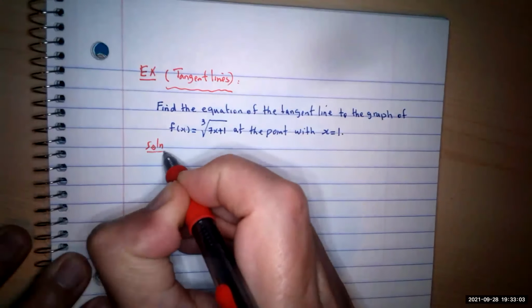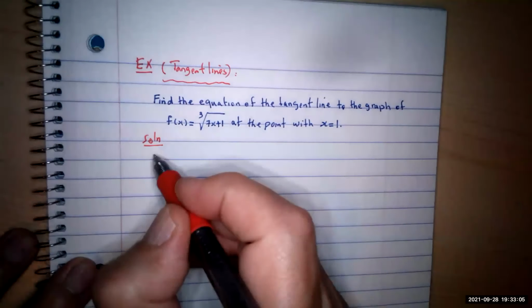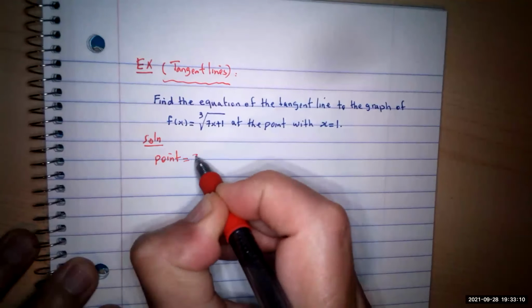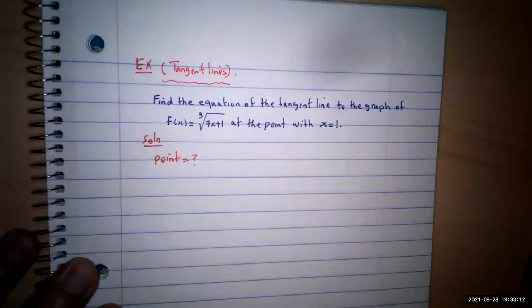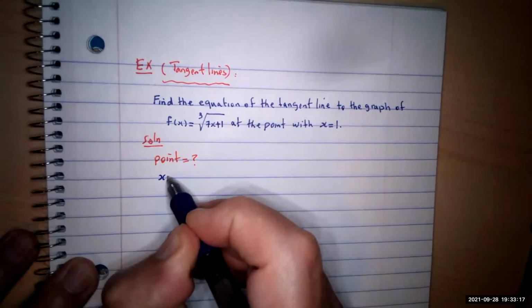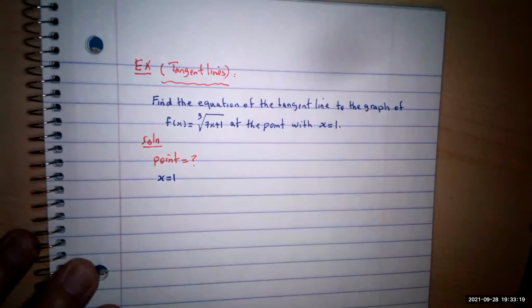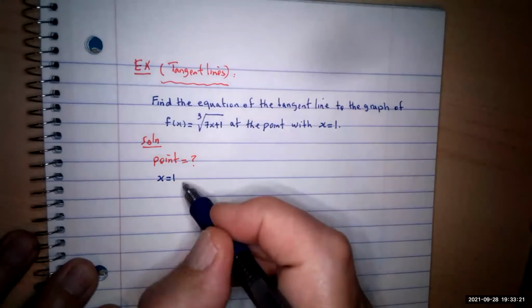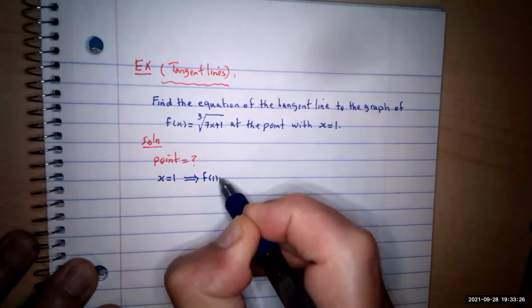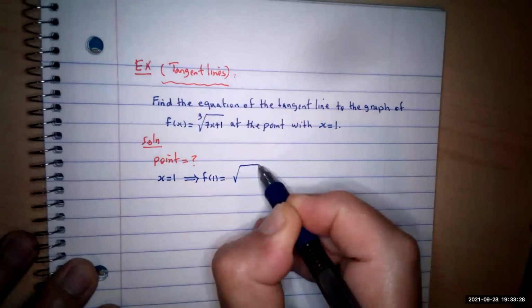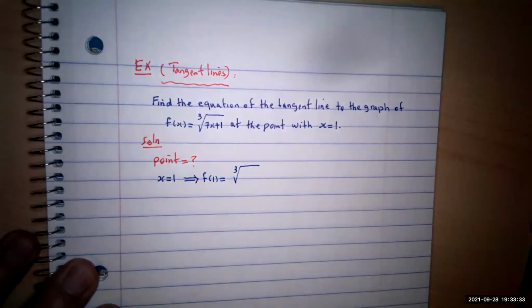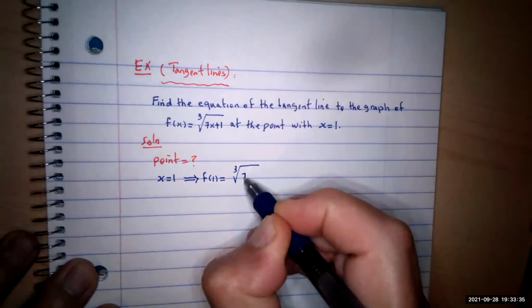Solution, 2 steps. Step 1, you ask yourself, where is the point? Now we have the x. x is equal to 1. Now we're going to substitute x equal to 1 into the function, so that gives us f of 1 is equal to the cube root of 7 times x, which is 7 times 1, which is 7.